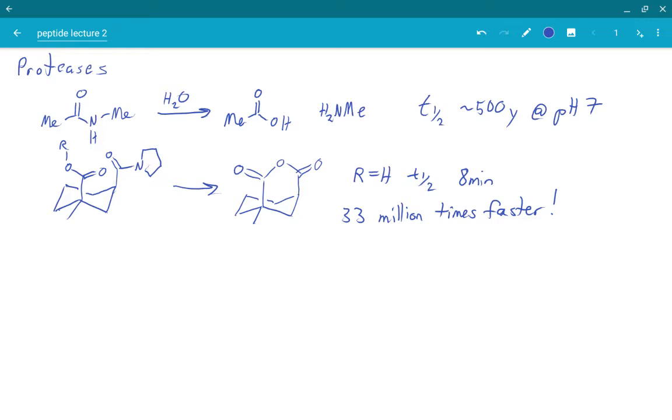Right? And this comes about because you are attacking this amide not with water, but rather the carboxylic acid within the same molecule. So if R is H, this works. If R is methyl, this doesn't work because you can't deprotonate and have it added.